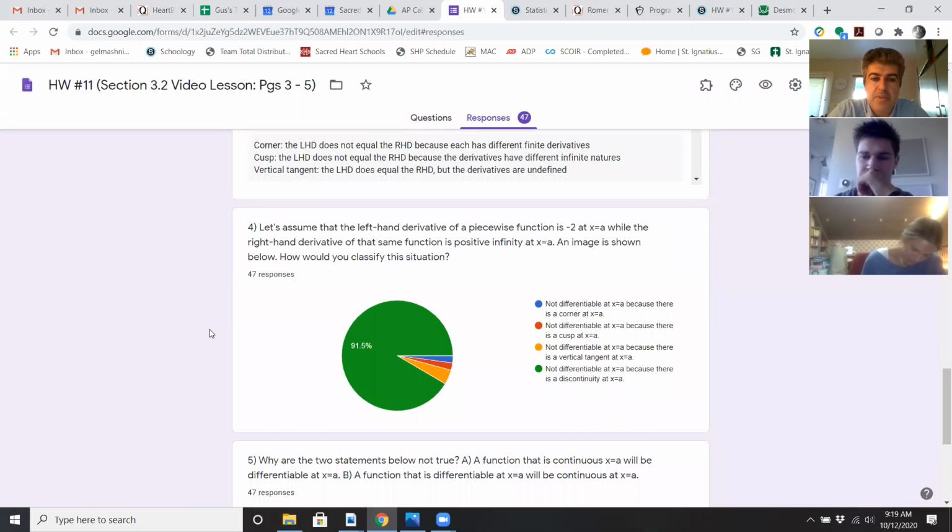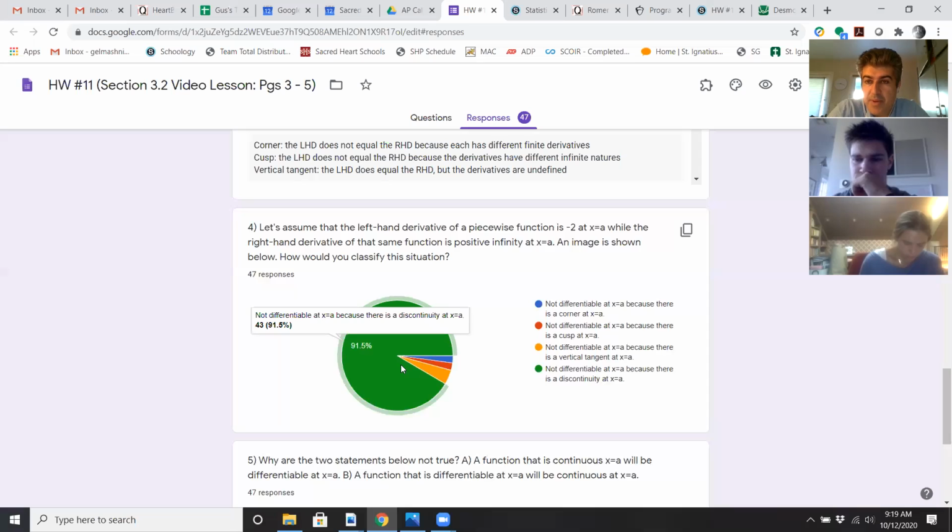Here, let's assume the left-hand derivative is -2, while the right-hand derivative is positive infinity. That one is kind of interesting. I would actually say it's not differentiable because of a discontinuity. Now, you're tempted to say, and it's good, I'm glad 91.5% said green.